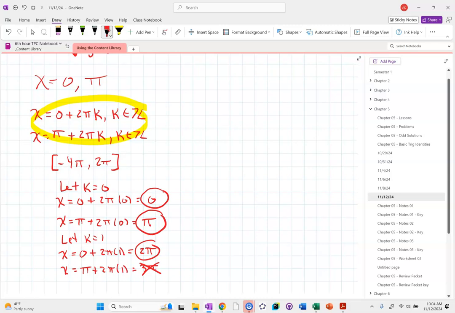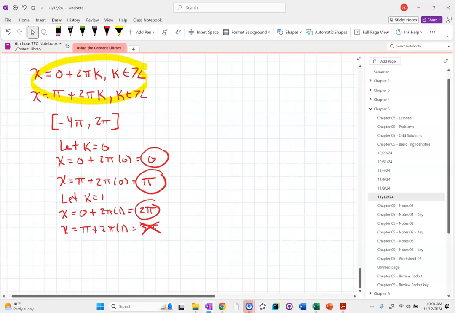So I've either reached the very biggest that I can possibly have or gone over. So I know that any bigger k's are just going to give me stuff that's too big, right? Everybody can see that? So what I have to do now is start checking some negative k's, because I can go all the way down to negative 4 pi.